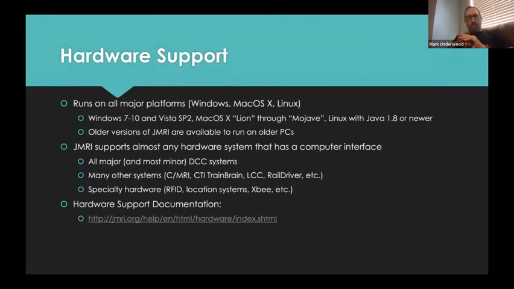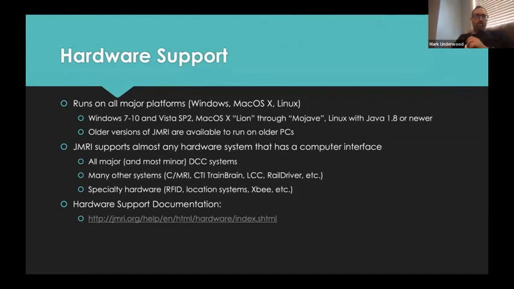As far as the layout hardware systems, I think you'd be hard pressed to find something that it can't interface with. The list is quite extensive, and I'll give you a look at that in a minute. I'm trying not to switch back and forth between screens too much. Certainly anything DCC, they've been very on the leading edge of LCC development.